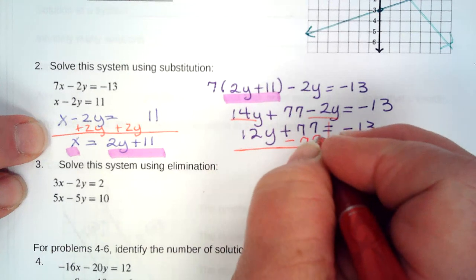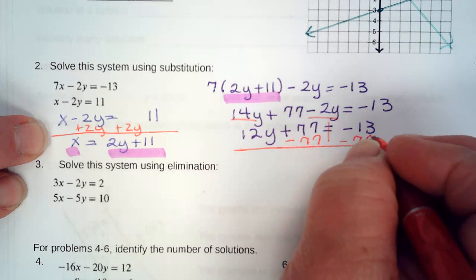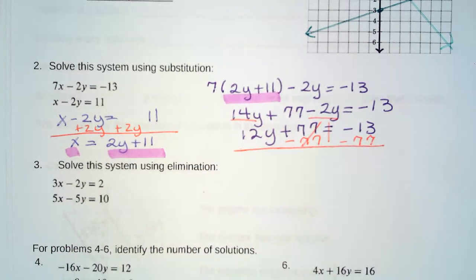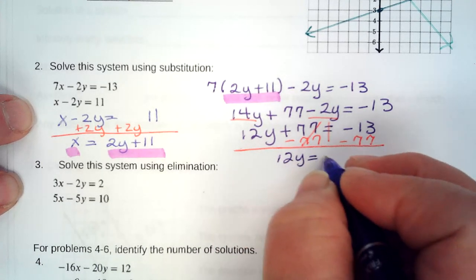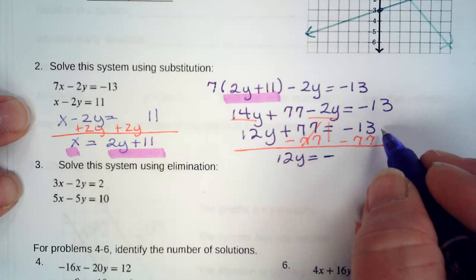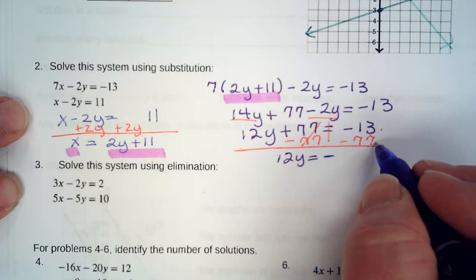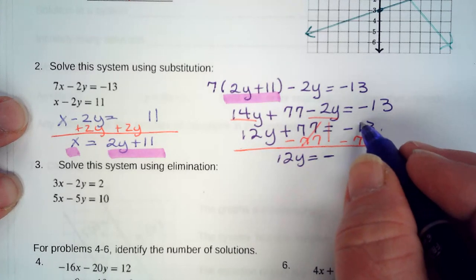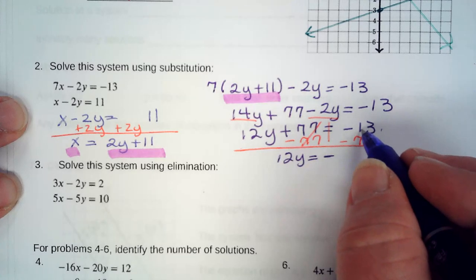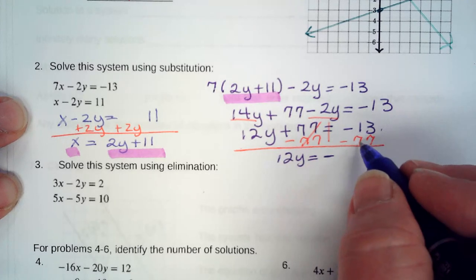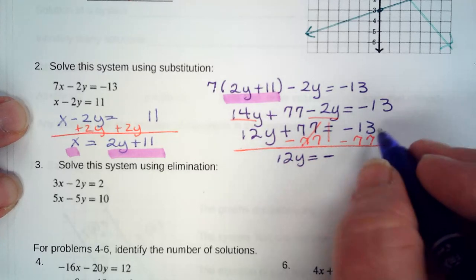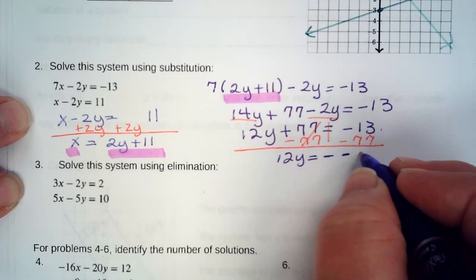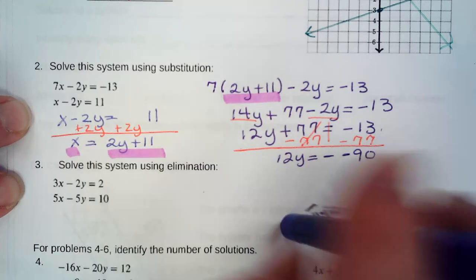Subtract 77. 12y is equal to negative, okay, what is it? 13 plus 77 is 90. So this is negative 90.